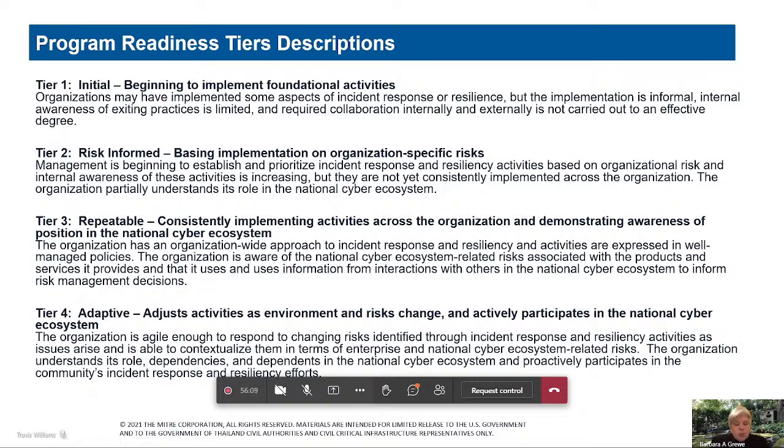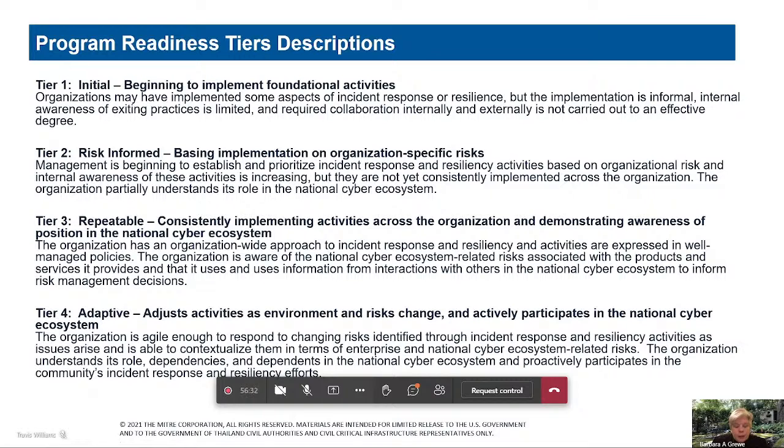This means the organization has an organization-wide approach to incident response and resiliency, and activities are expressed in well-managed policies. The organization is aware of cyber-related risks and uses information from interaction with others in the national cyber ecosystem to inform risk management decisions.